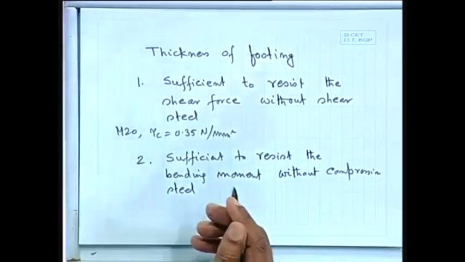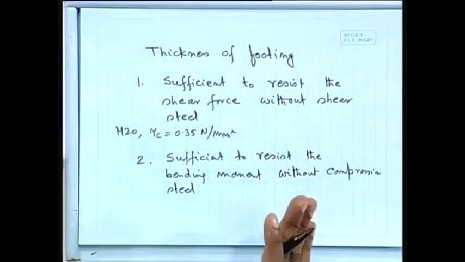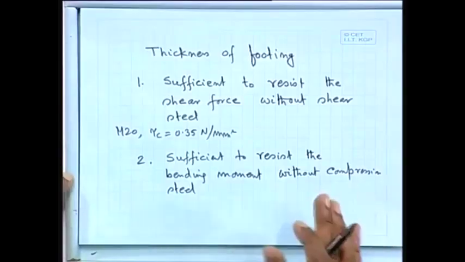So that means shear force without shear steel, that means there is no stirrup, and bending moment without compression steel, that means we are providing only the tensile steel. In footing we shall get the tension at the bottom. So here we are getting it without compression steel.